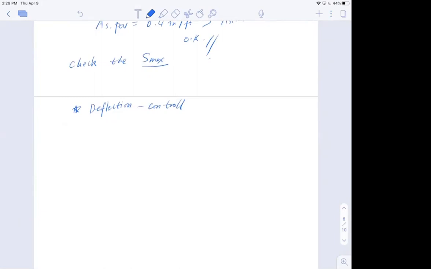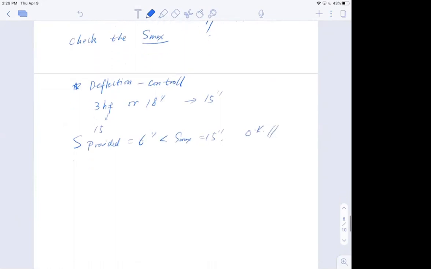For deflection control, it's got to be 3hf or 18 inches. So in this case, what is the governing? It's 15 inches, because hf is 5, so this is 15 inches. The provided spacing equals 6 inches, which is smaller than S max, which is 15 inches. So, okay.